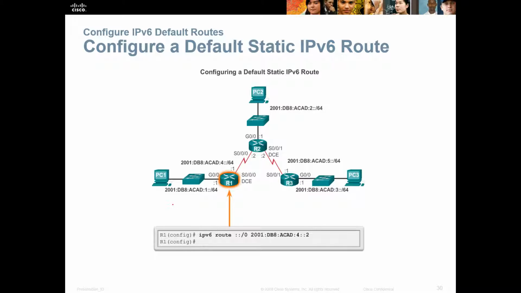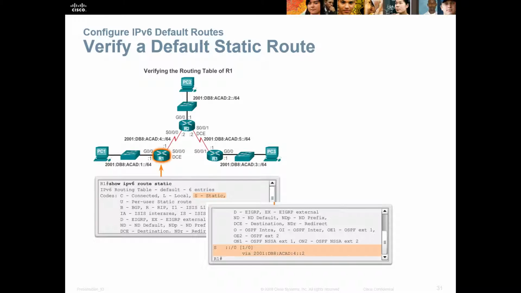So it's going to take any input from this side, and it's going to funnel all of it to this IP address. So regardless of the IP address, it will forward it out to R2. Here we can see a static address, and that is the basics of static routes.